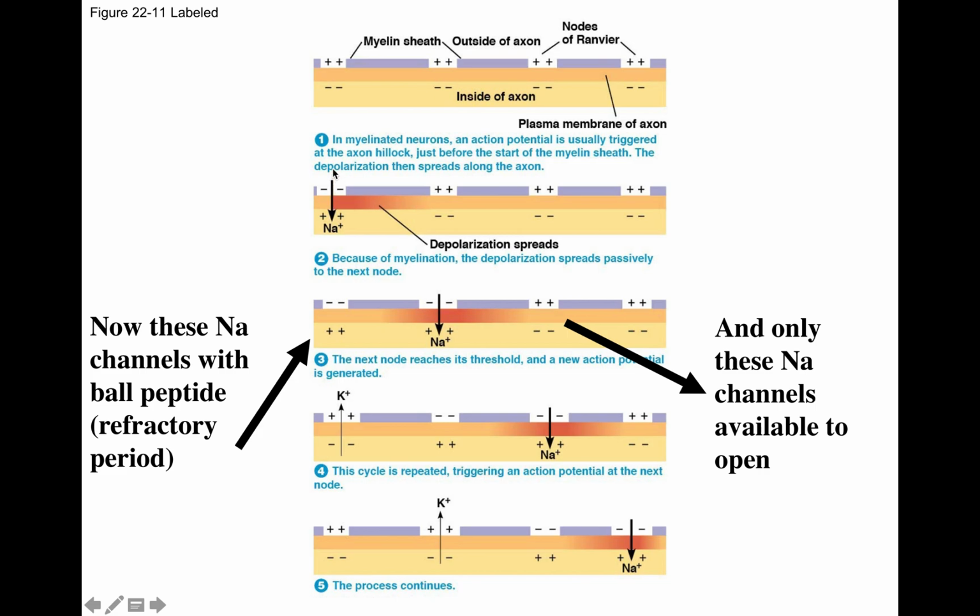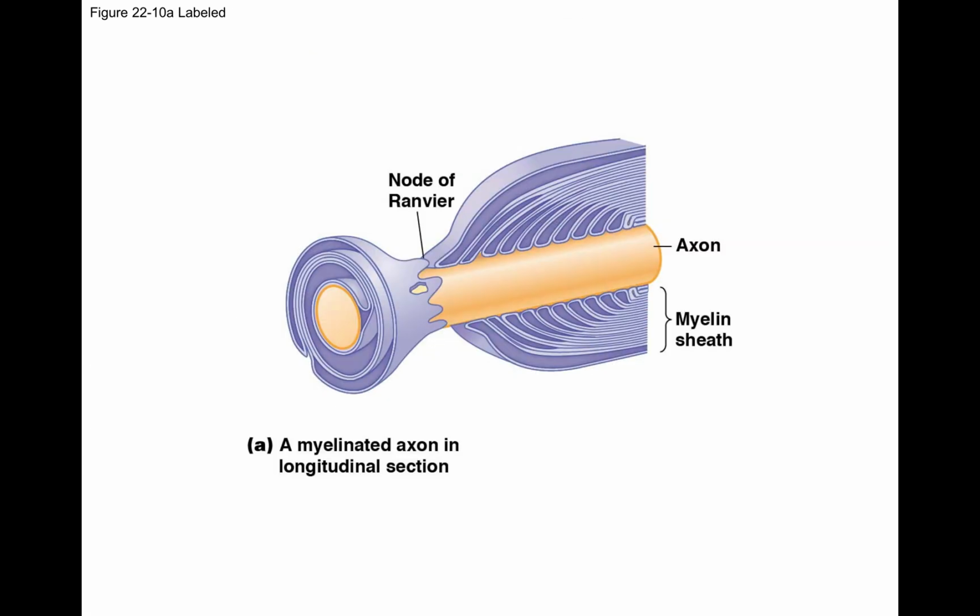So sodium can come in at this part. It can diffuse in both directions, but it really only has an opportunity to exchange with the outside of the cell at the node, because at the node it's uncovered, and between the nodes it is covered.